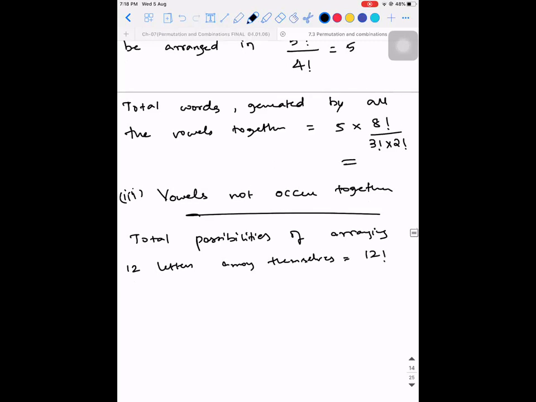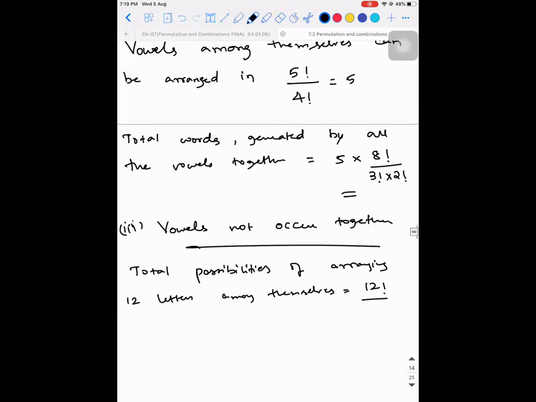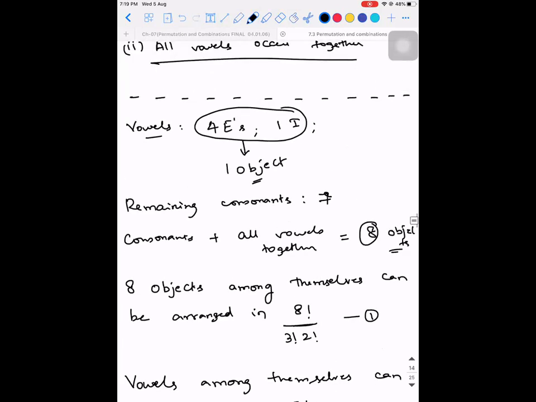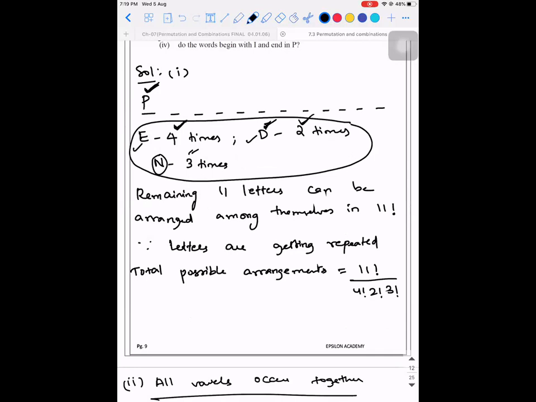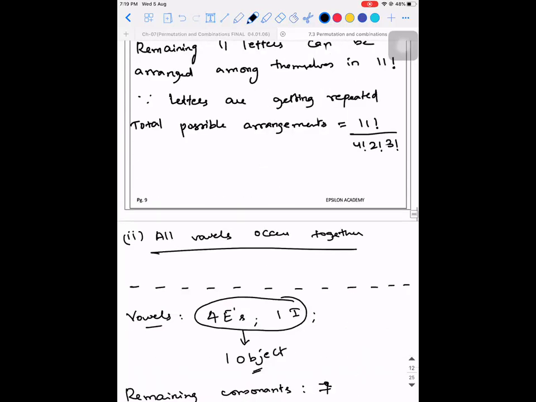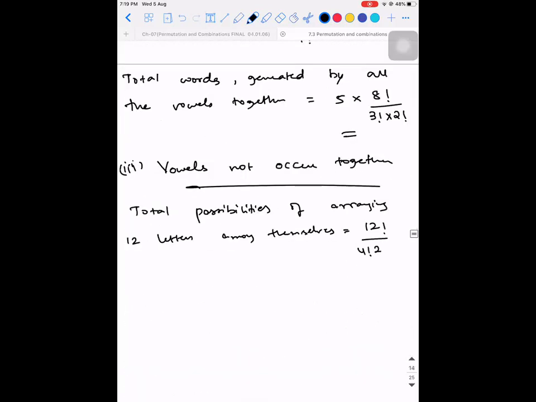Can you come close to the mic? 12 factorial divided by 4 factorial into 3 factorial into 2 factorial. Right. So these are the total possibilities.